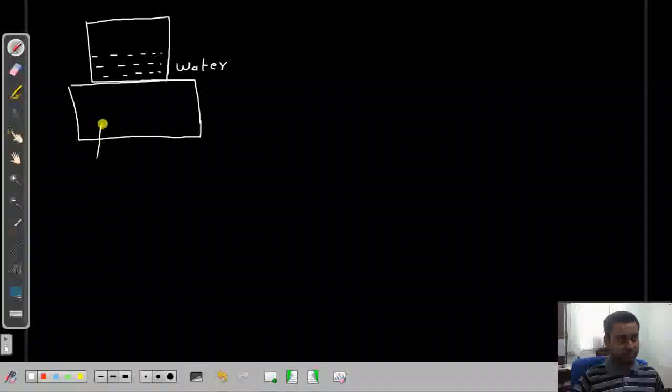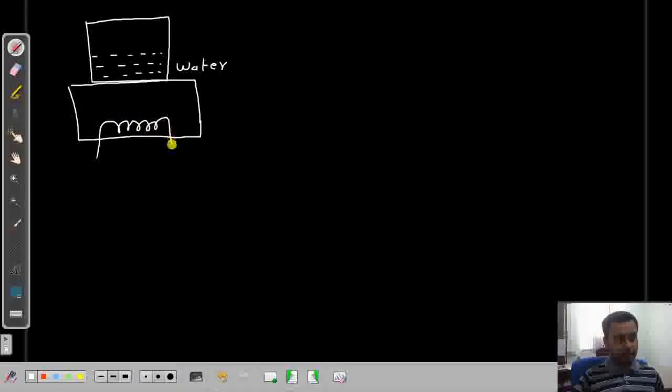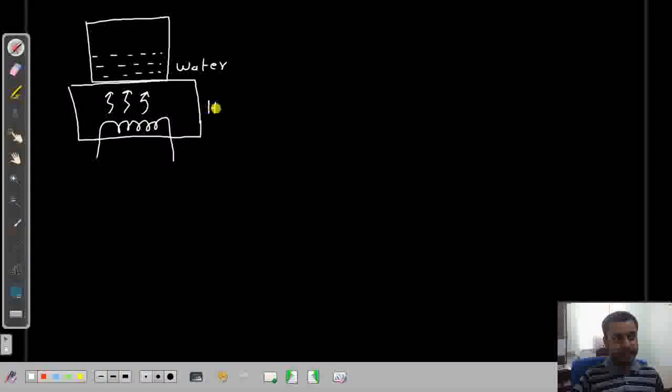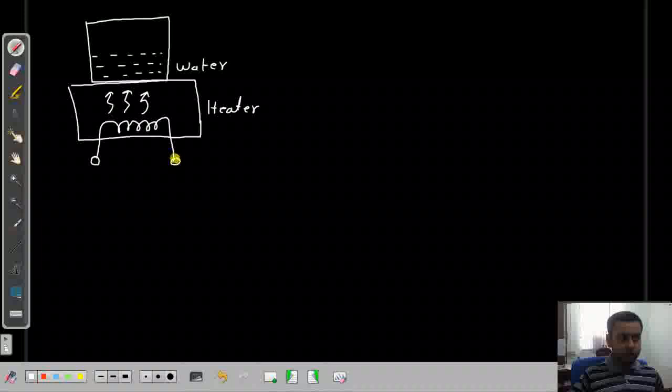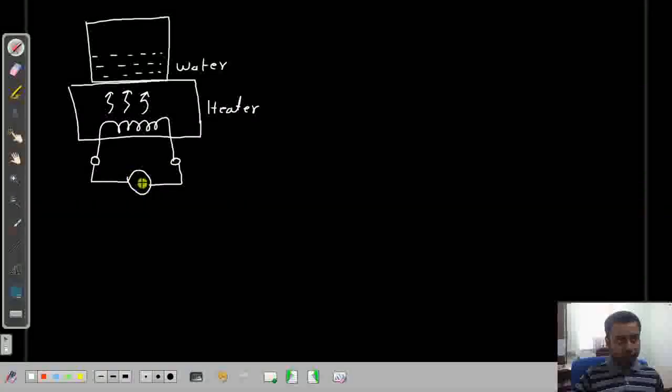Which is kept on top of a water heater. The heater has a coil, and if you pass current through this coil, the heater will heat up the water. Let me call the current which flows through this coil the input to this system, call it I(t).